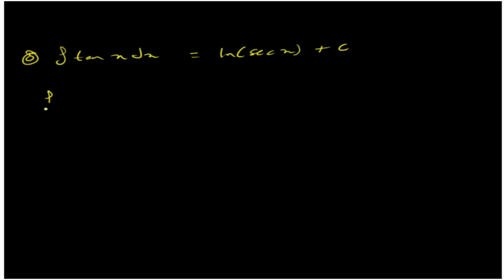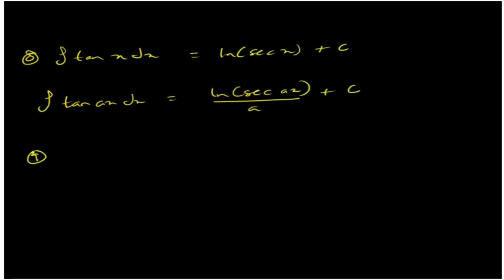So if you have the integral of tan ax, what will it be? It will be ln sec ax over a plus c. Is that fine? So that is how to integrate tan. Now, what number am I now? 9.